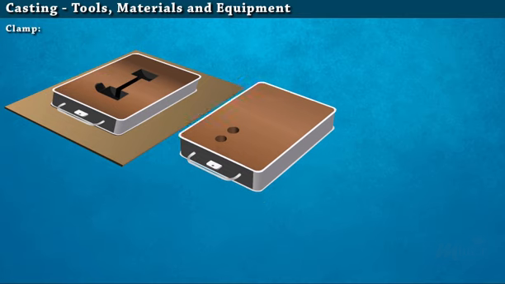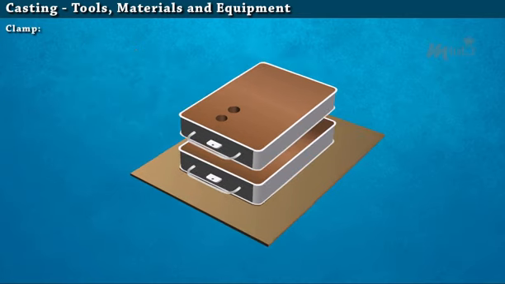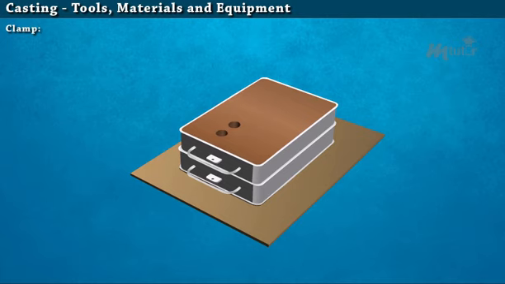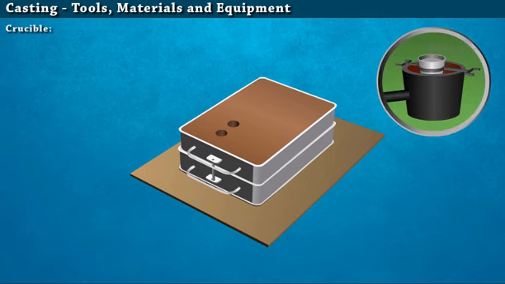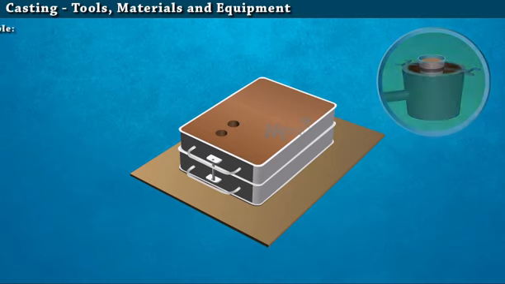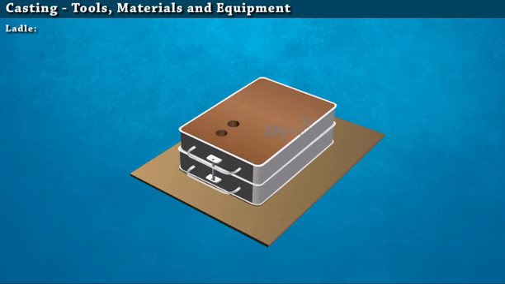Clamp. Clamp is used to hold the cope and drag box aligned and firm. Crucible. A crucible is a pot that carries metals for melting in a furnace. Ladle. Main function of ladle is to receive molten metal from the melting furnace and pour into the mold.